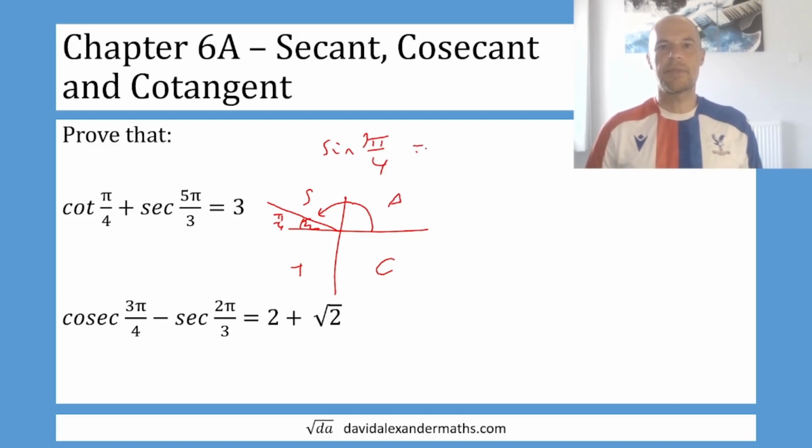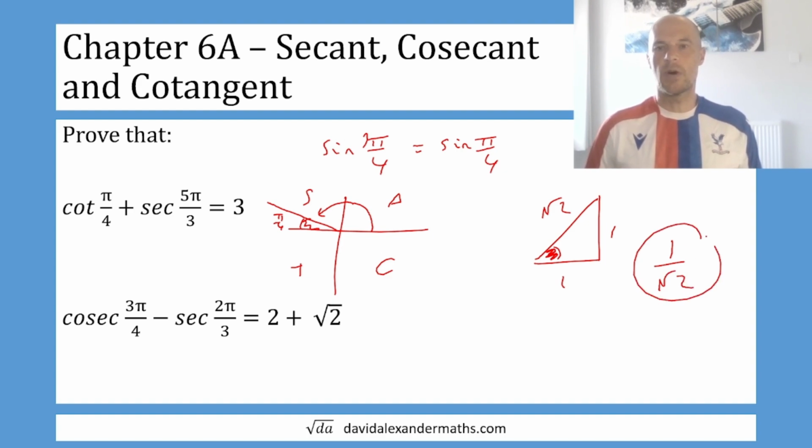So the sine of 3 pi over 4 is the same as the sine of pi over 4, not negative sine pi over 4. Now we can use our triangle, 1, 1, root 2. The sine of pi over 4 is 1 over root 2, and the sine of 3 pi over 4 is also 1 over root 2. We want the cosec, which is this flipped, so that is root 2.